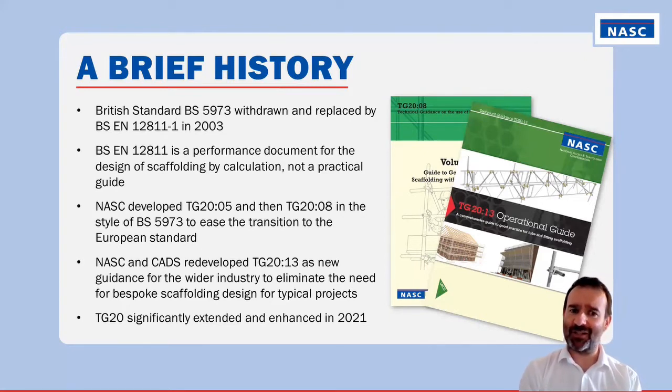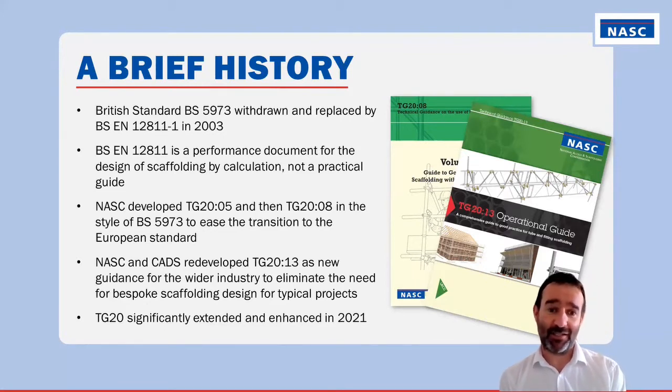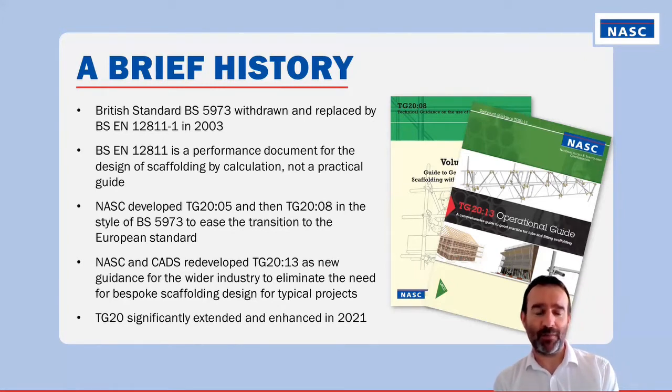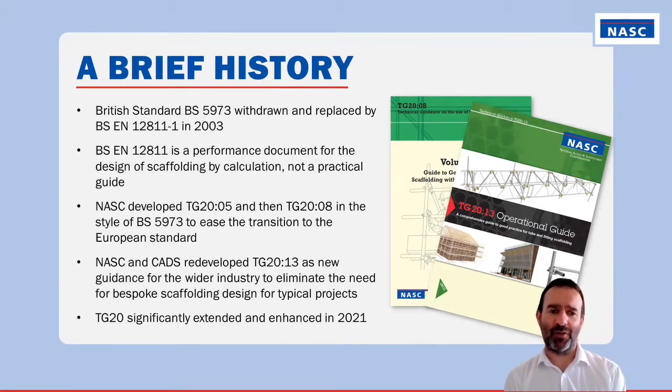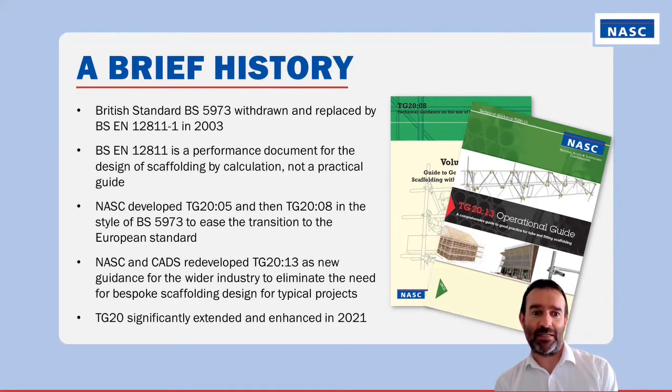It's very much a document about the calculation of scaffolds by analysis and not a practical guide to scaffolding. So back in 2005, the NASC stepped in to develop TG20 very much in the style of 5973 to ease the transition, providing very similar guidance to 5973, but backed by the requirements of the Eurocode.